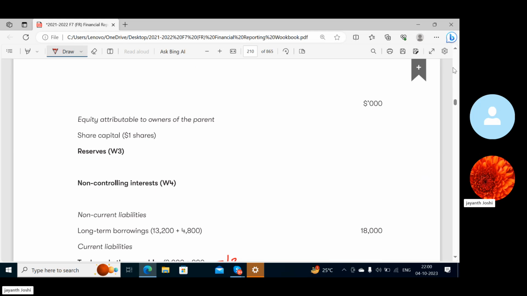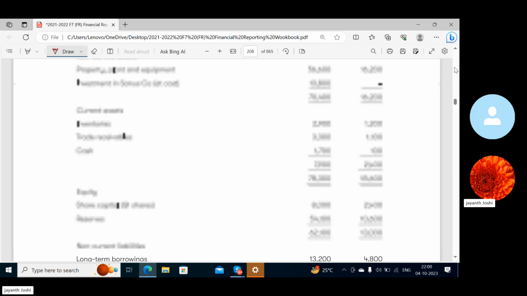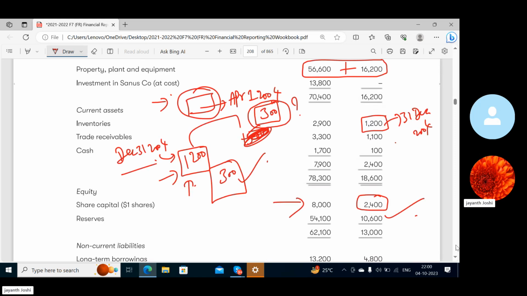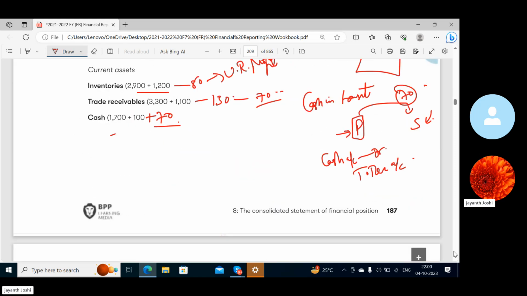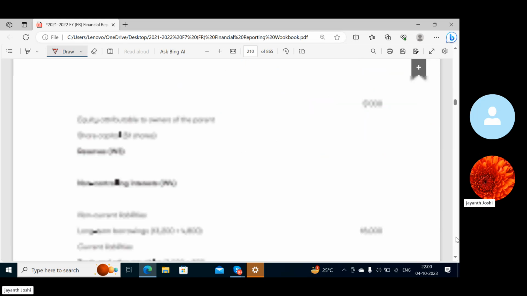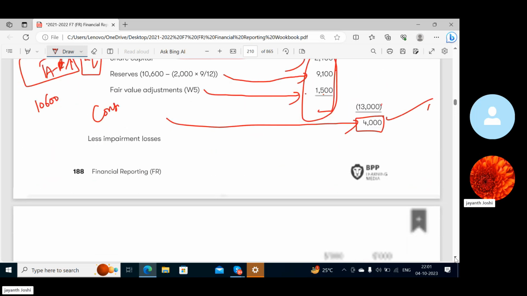So the share capital is 8,000. Reserves we have to distribute. Now for reserves we will go to the working notes.